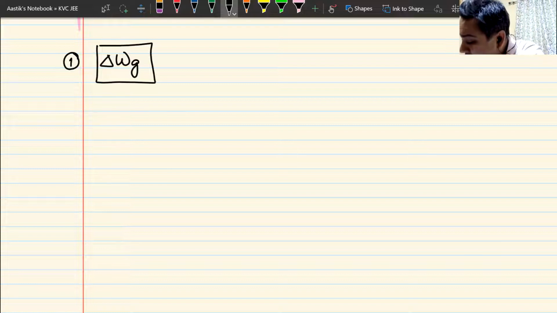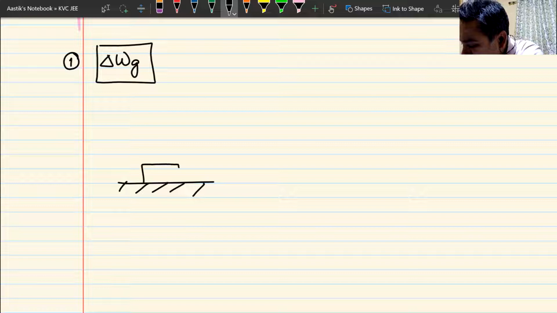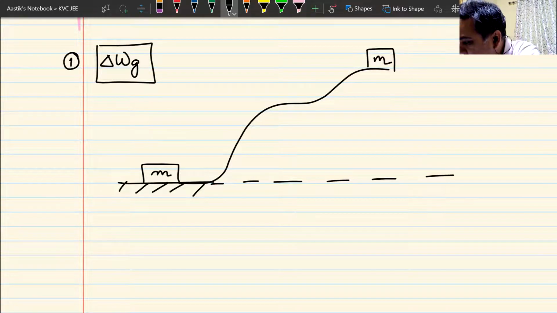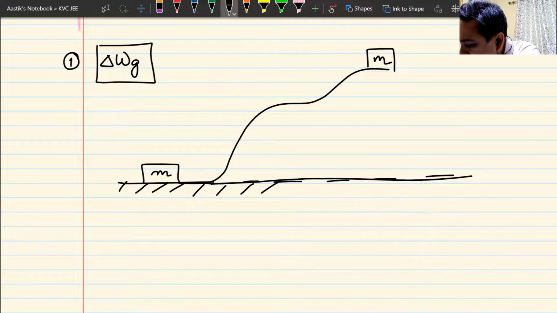If you move a block from the lowest point, and you might take it in different paths, and you bring it to some point which is, let us say, at a height h.